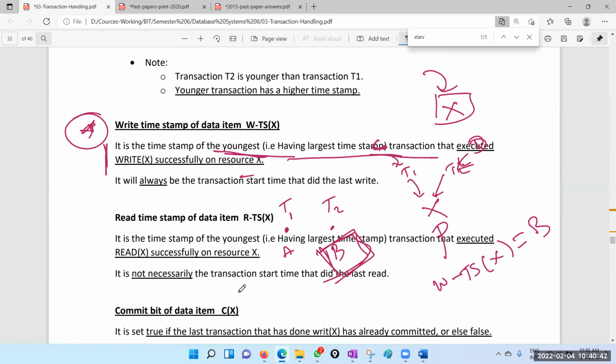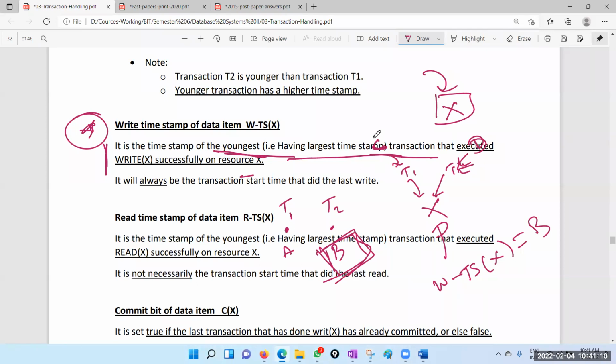And its timestamp is the resource X write timestamp. So these resource timestamps are always timestamps of transactions. They are not the time you read or write. Though we call it write timestamp, it is not the write time. It is the starting time of that particular transaction, the youngest transaction.